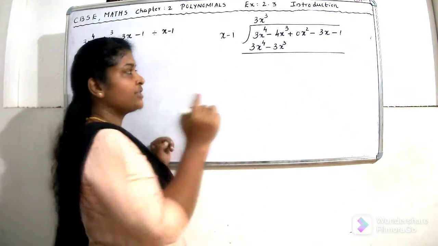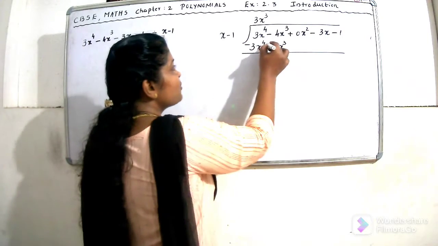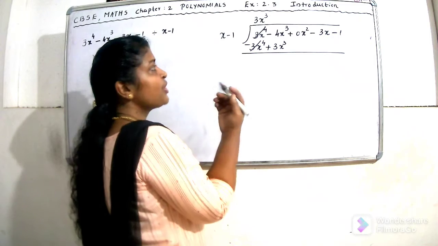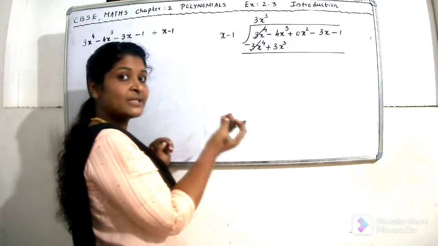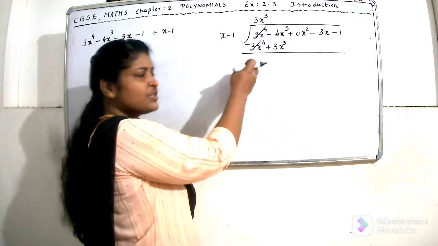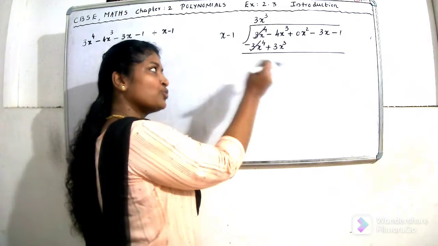Now, at subtraction time, signs are changing. Then these two are eliminated because the numbers are the same and the signs are different. So 0 will come. It is not compulsory to write 0 there. If you write 0 there, it is not wrong, no problem.